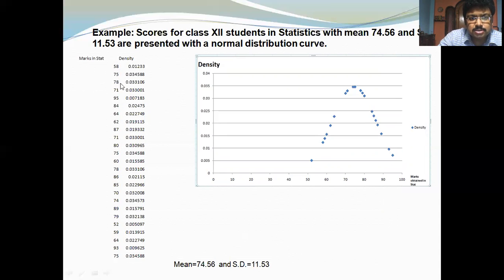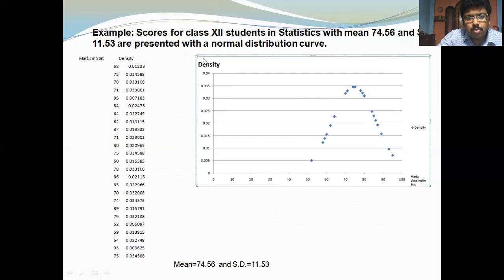These are the marks of 25 students in statistics: 58, 75, 78. These are the marks, and this is the density. The densities corresponding to the numbers obtained by the students are derived in Excel, and you can derive them with the help of the mean and standard deviation.